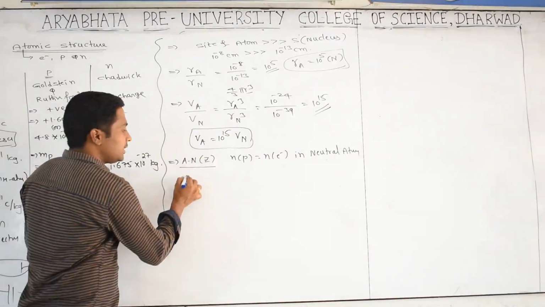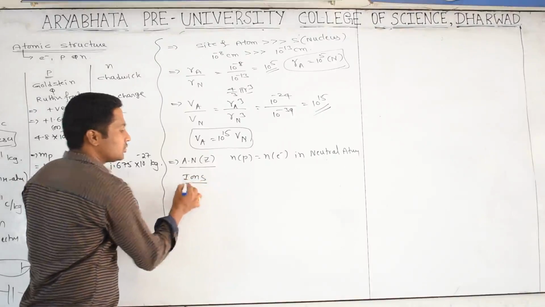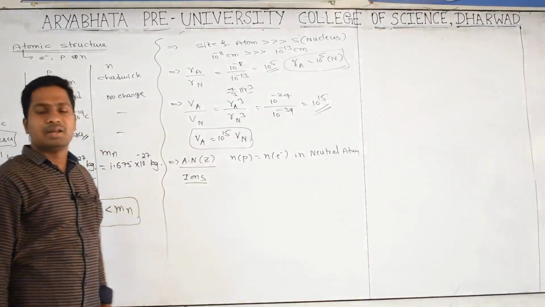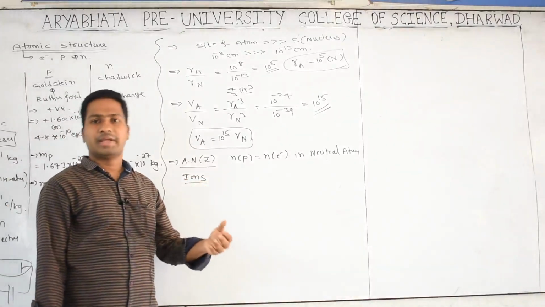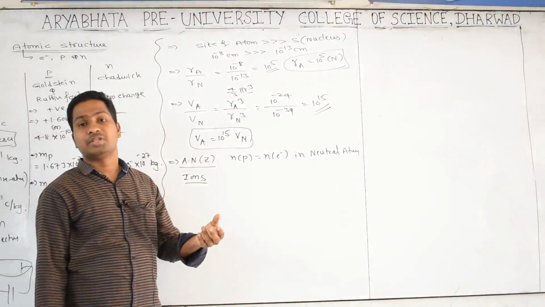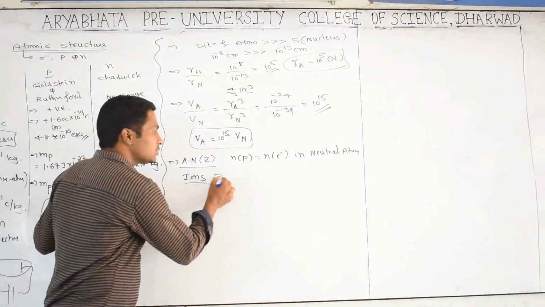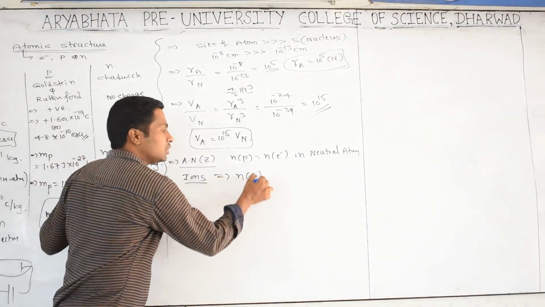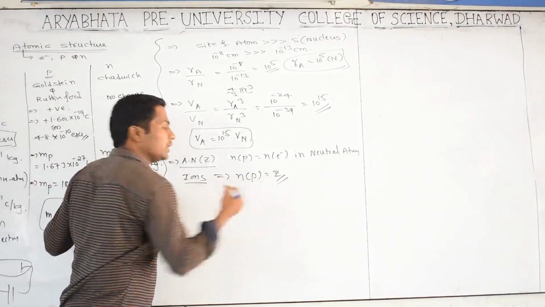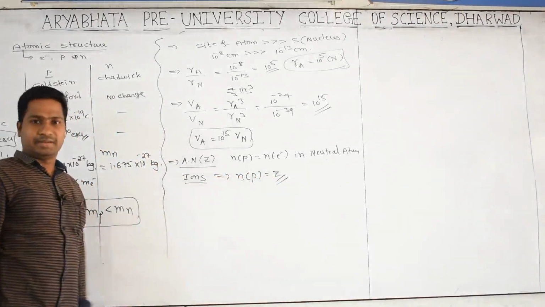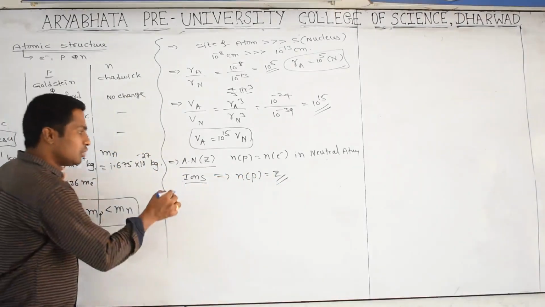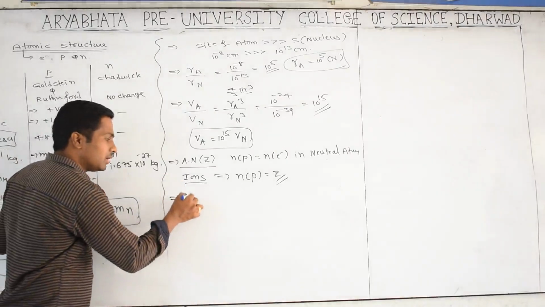But in the case of ions, charged particles may lose or gain electrons, so the electron number will change, but the proton number remains the same. That's why in the case of an ion, the number of protons is taken as the atomic number. This is an important thing. Yes or no?